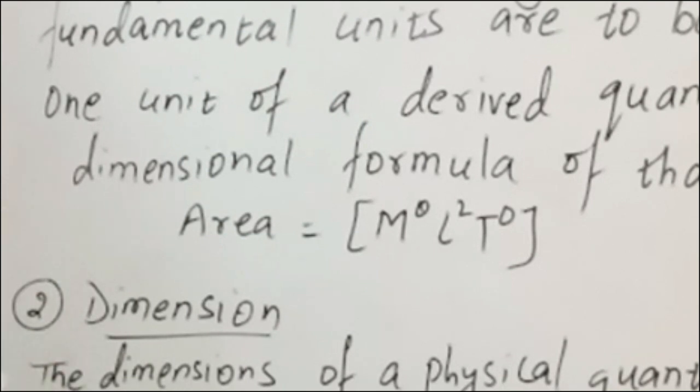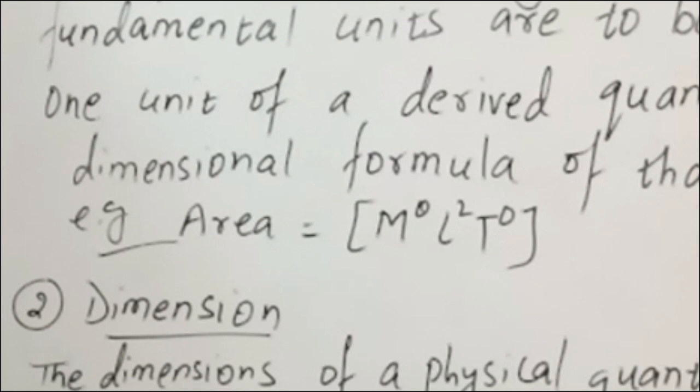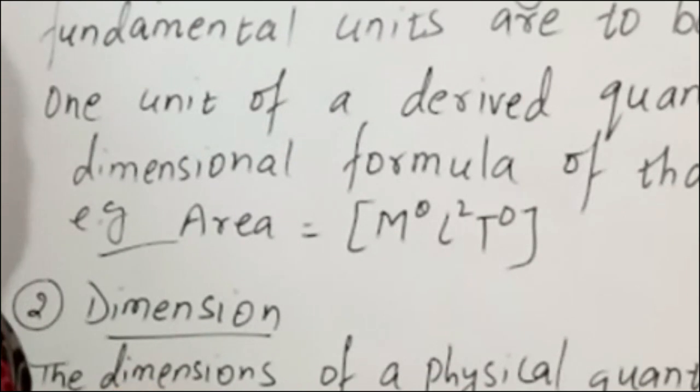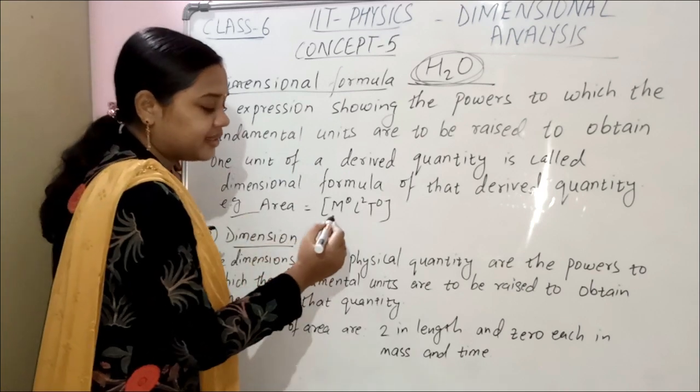Area is also a derived quantity, so you can see this is a dimensional formula of area. When we write a dimensional formula, you have to write it under square brackets, and then give the 3 fundamental quantities with their symbols. What are the 3?